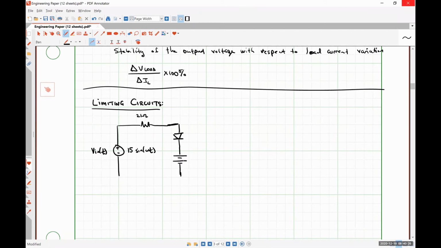And let's say that this battery is 6 volts. And then over here we have another battery. This guy is 9 volts. And a subsequent diode with this orientation. And lastly, over here, we have our output voltage.